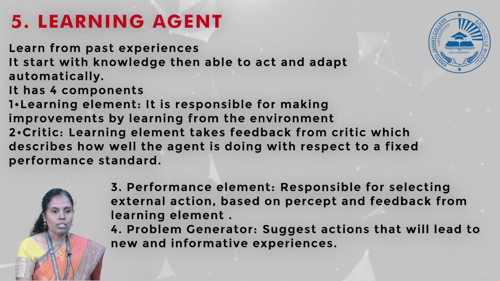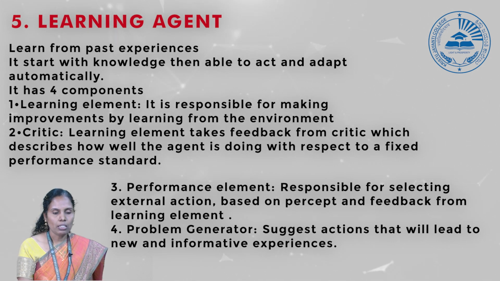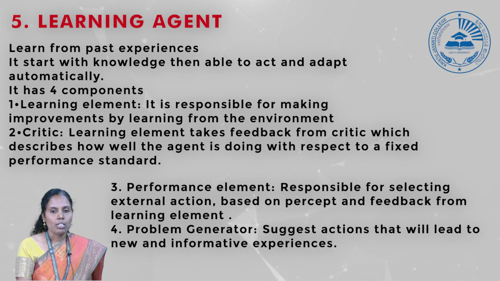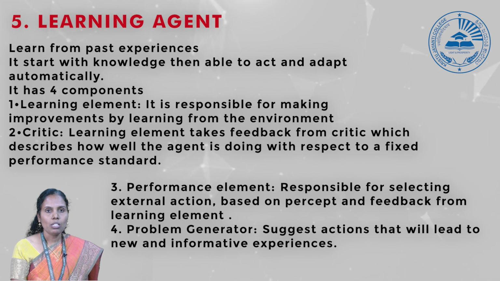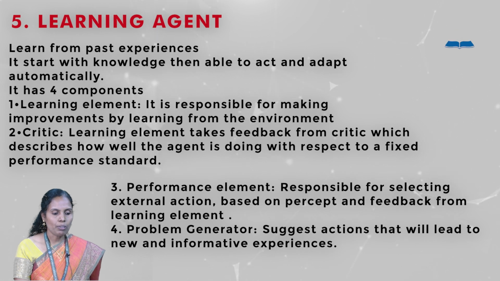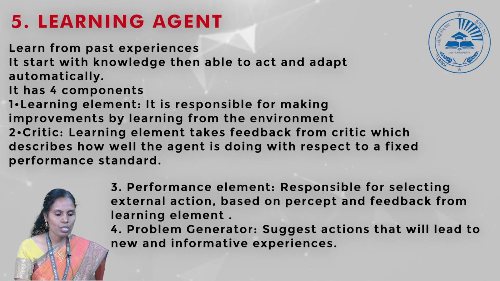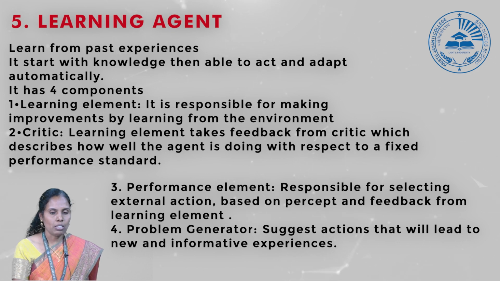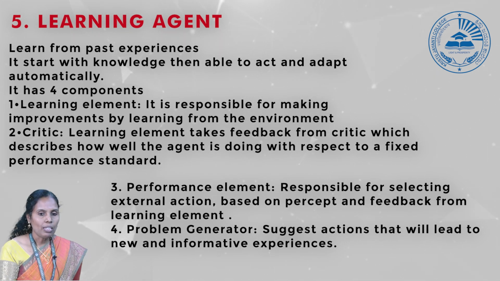Then the next one is the critic element. It takes the feedback from the critic and describes how well the agent is doing with respect to the fixed performance standard. What is the feedback here? Suppose we are traveling from one place to another, from source to destination, and the path is good and it is the shortest path, that is the feedback we will get.